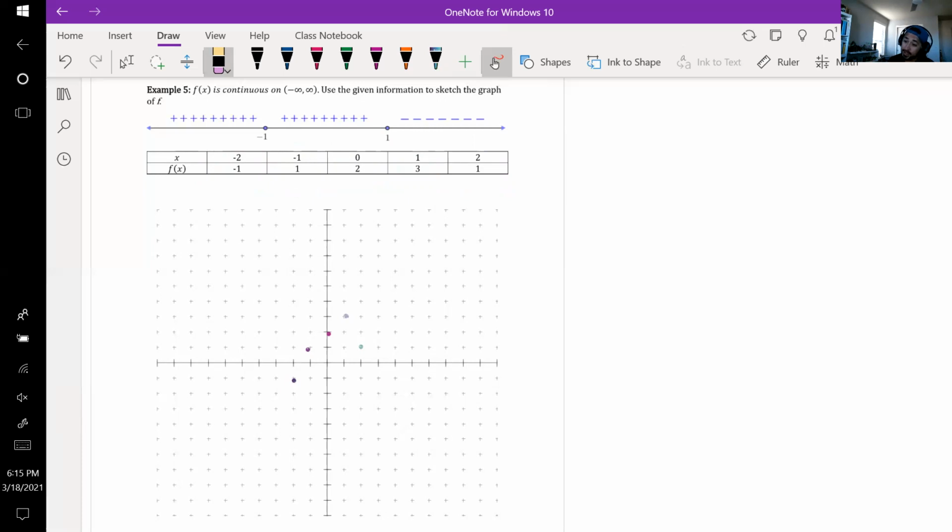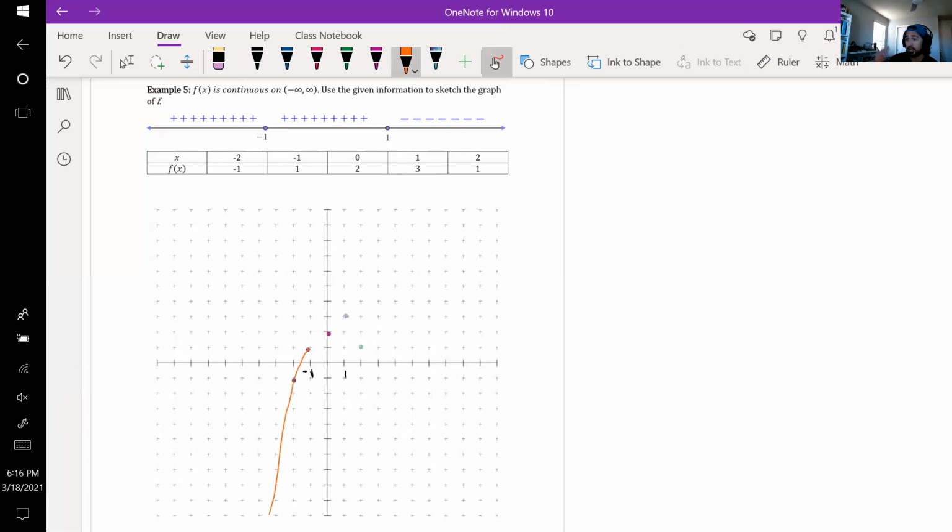Now just follow the sign chart to graph this. I guess I should label my critical numbers. There's -1 and here's 1. So based on our sign chart, from -infinity to -1, we are increasing right there.